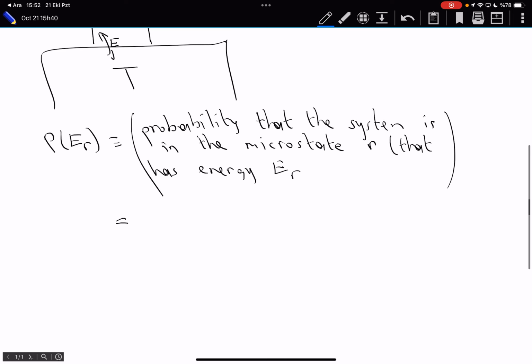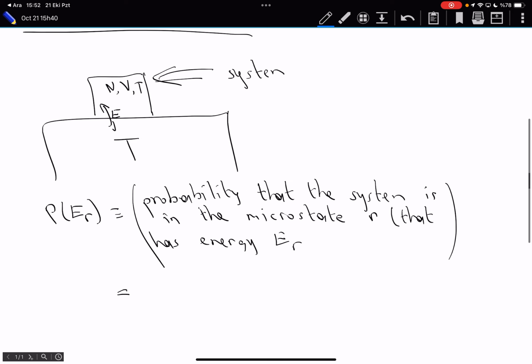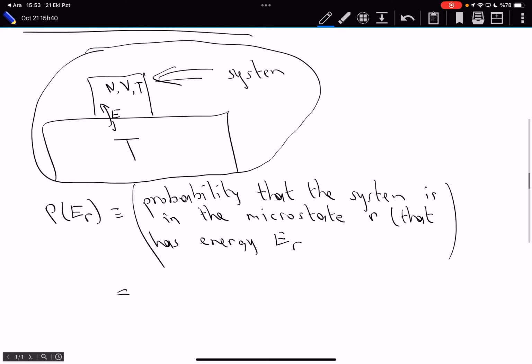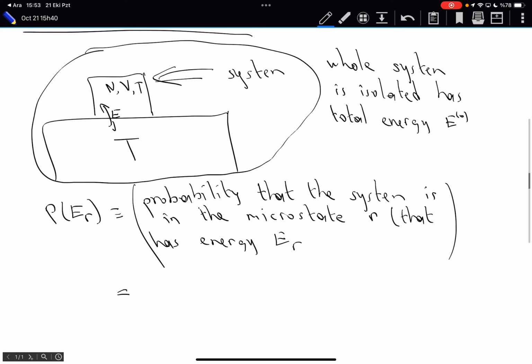So how do we write this probability? Okay, before that, I'm looking at a system that is not isolated, but I can consider another system. This is my whole system. This is isolated, and has total energy, let me call that E0.